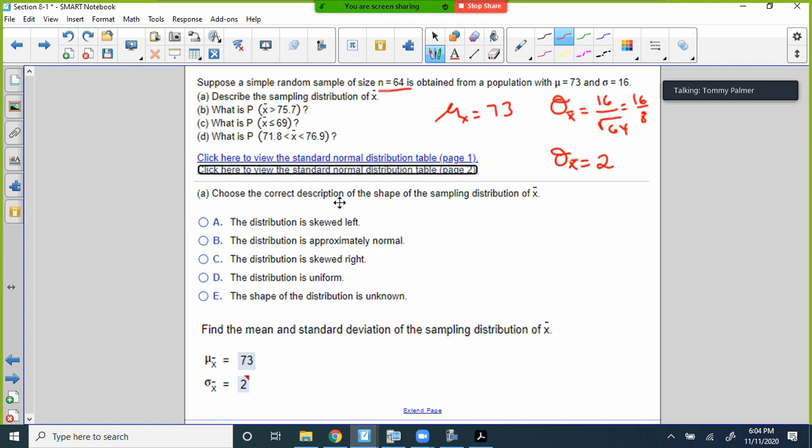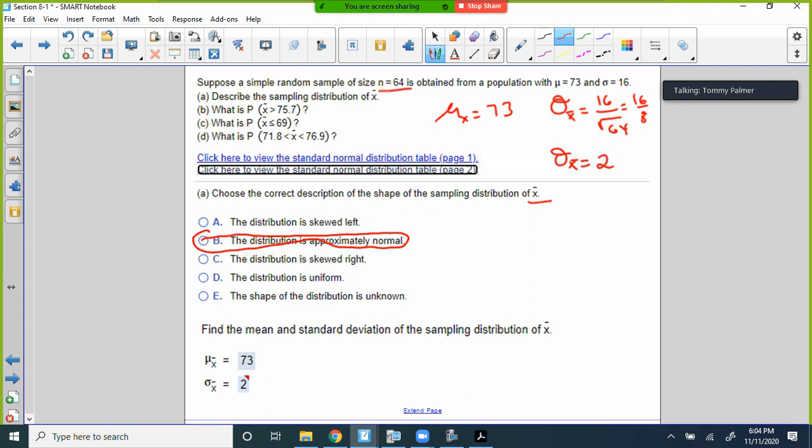So choose the correct description of the shape of the sampling distribution of X bar. Well, first off, the distribution of that sample mean should be approximately normal, right? That's what we show.